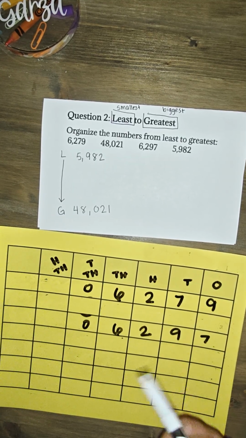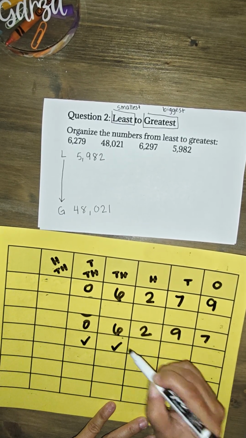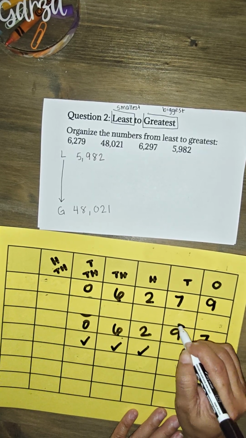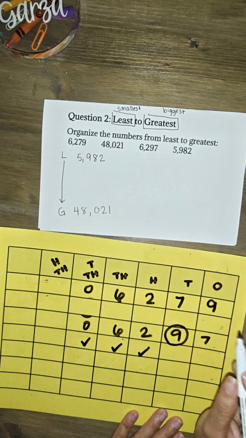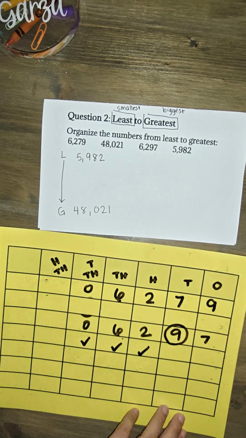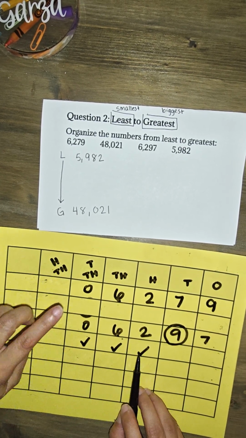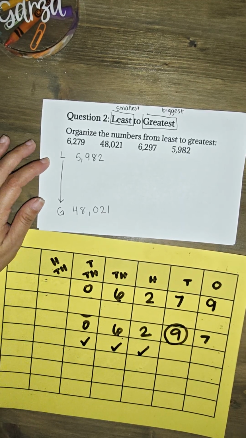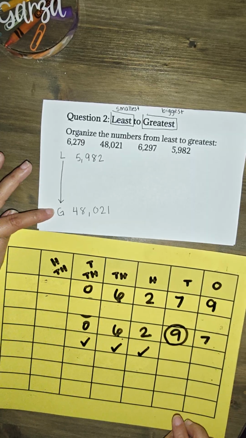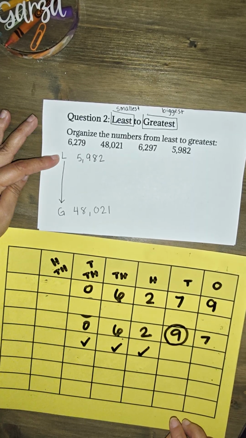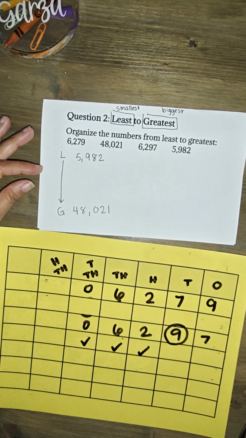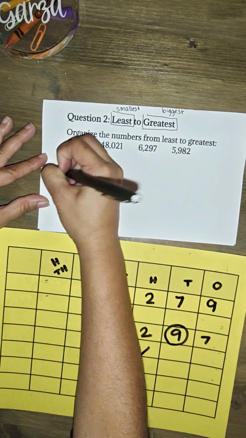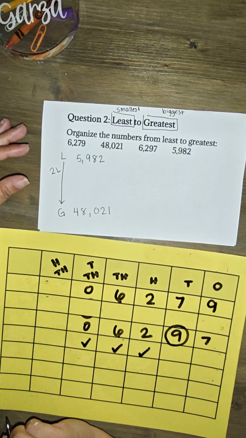Now I have these two. Again, the zeros are the same, 6, 2, and then we have 9 and 7. 9 is bigger than 7. So because this is bigger than 7, I do need to understand that I'm looking for the one that's least first. I already have the greatest. I already have the least. I'm looking for the one that's going to be the second least. I'm going to put a 2 and an L so that you know that's the second smallest number.